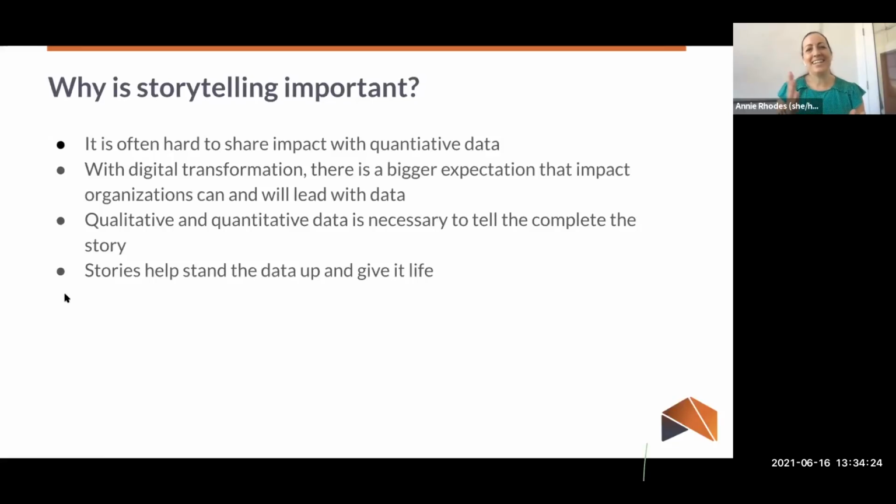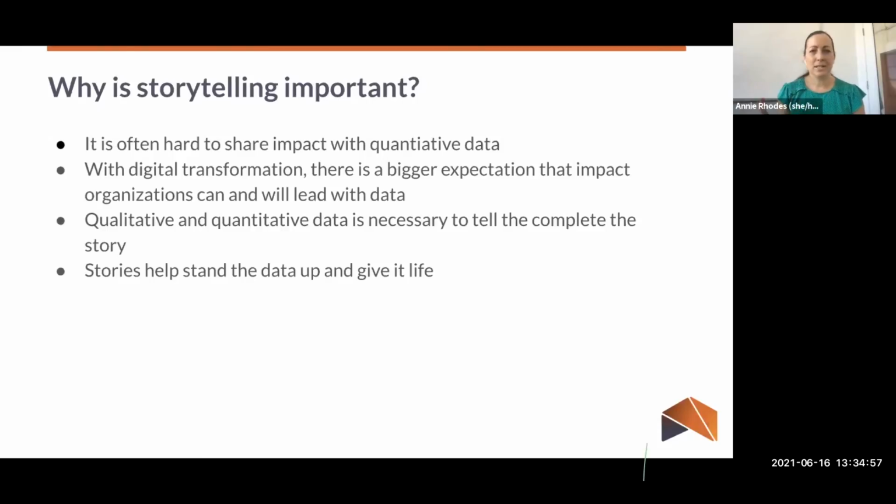And then storytelling. So why is this important? We don't have enough time to go into depth of why storytelling is important. But it's really that last point that I always land on. As somebody who spends a lot of time in the data, that story really helps stand that data up, and it gives it legs and it gives it life.